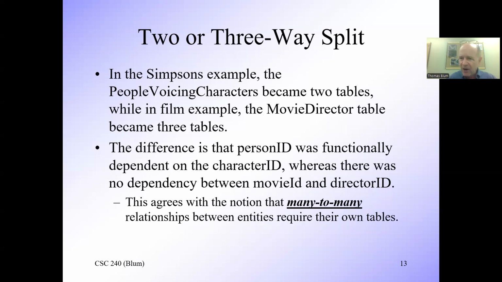So if I know the character, I can determine the person who voiced it. And so that would split into two tables because it's a one to many relationship. But the director to movies, as we imagined, many to many, then we retained a table with the composite key in it because that became our bridge table.